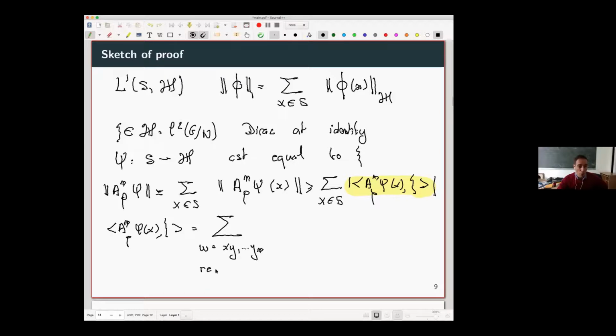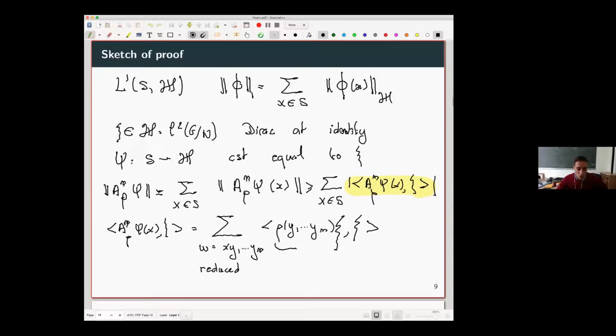So my dynamical system is a counting machine for reduced words. And now I have a scalar product of rho of y1, ..., yn applied to my vector psi computed at yn, but my vector psi is constant. It's just this xi, which is Dirac at the identity, scalar Dirac at the identity.